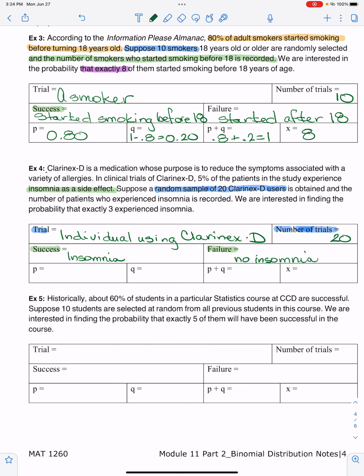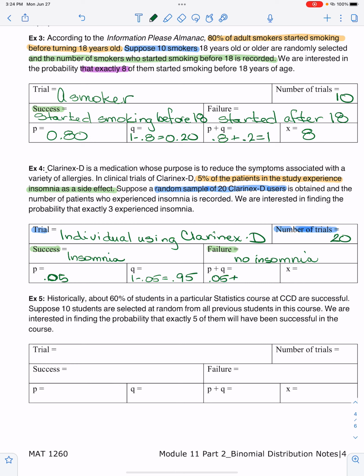The probability of success is this 5%. Which means our failure is 1 minus that 5%, so 0.95.